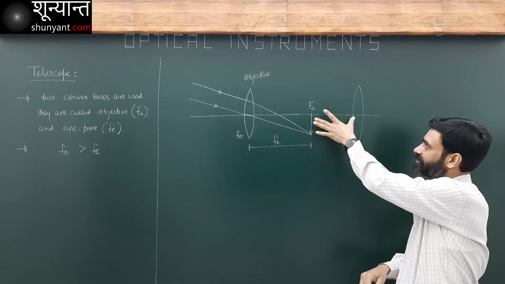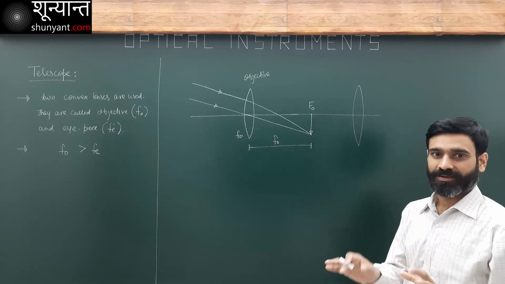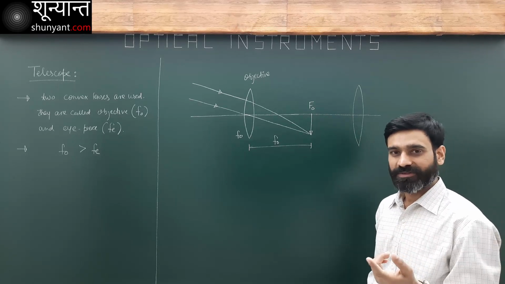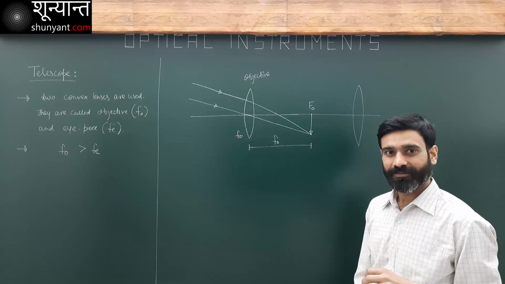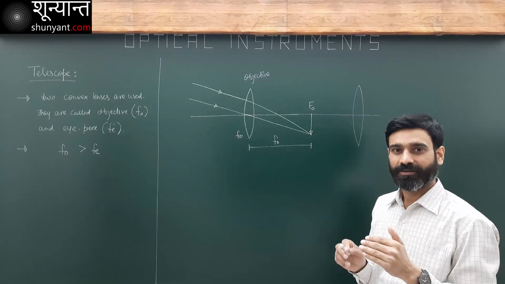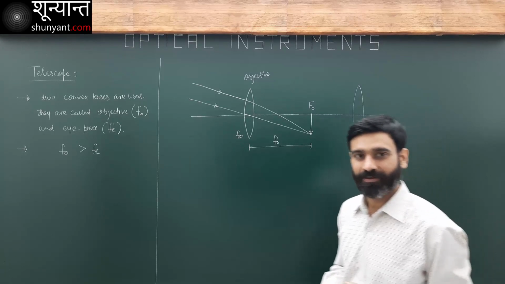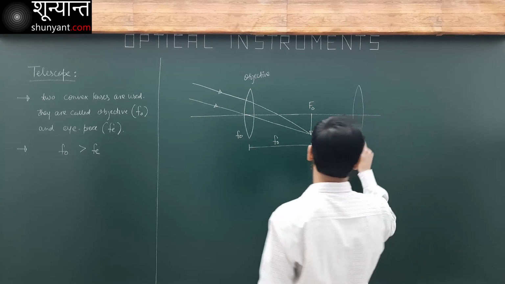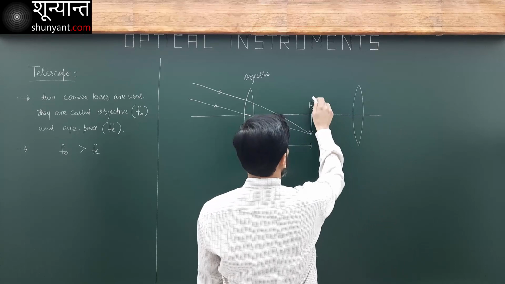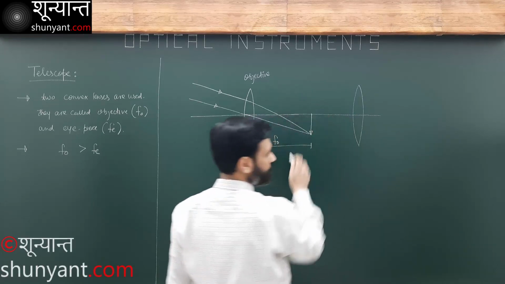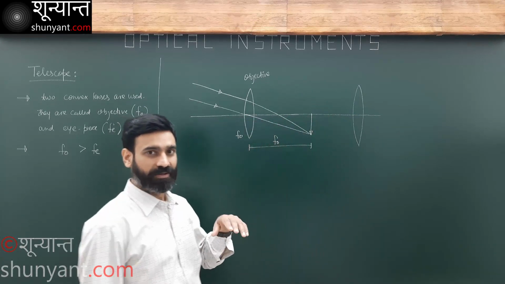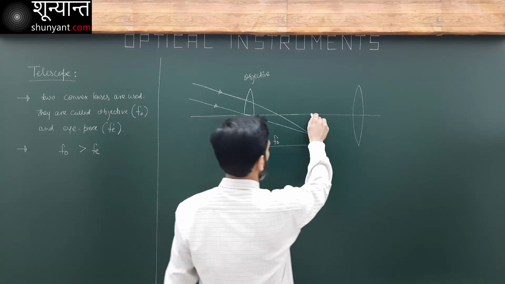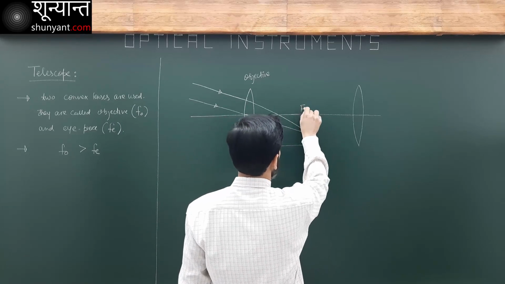Depending on this distance, I am going to get the final image. If I want to see that final image clearly, the final image should be either at the near point or at infinity. Accordingly, we get two types of adjustments: near point adjustment and normal adjustment.